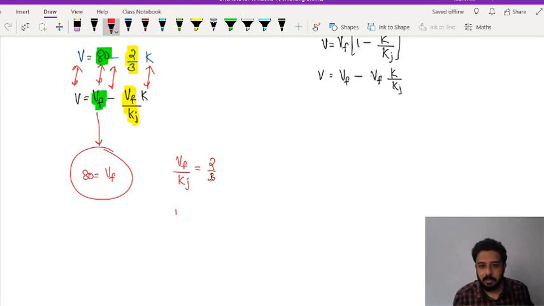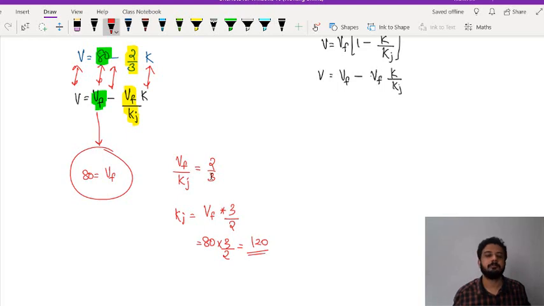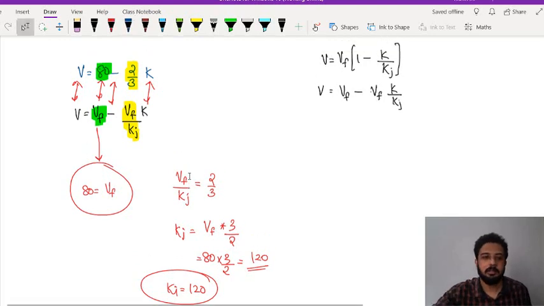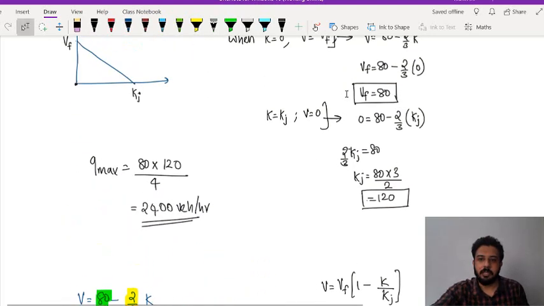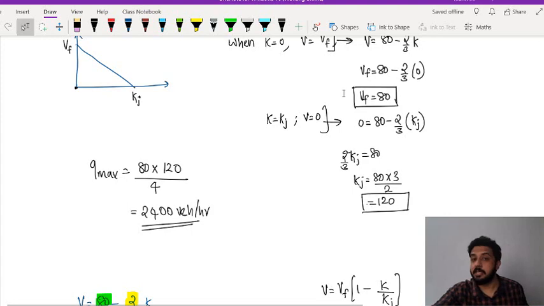Then how much will be your Kj? Kj will go that side. So Vf is 80, simply I am putting Vf here into 3 divided by 2. So 80 into 3 by 2, you will be getting 120. Correct? So Kj also you got, Vf also you got. Previously also we got Vf is equal to 80, Kj equal to 120.